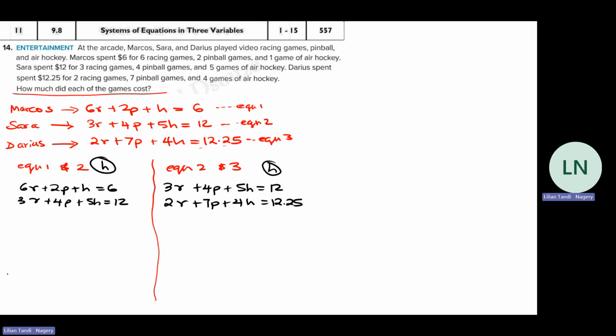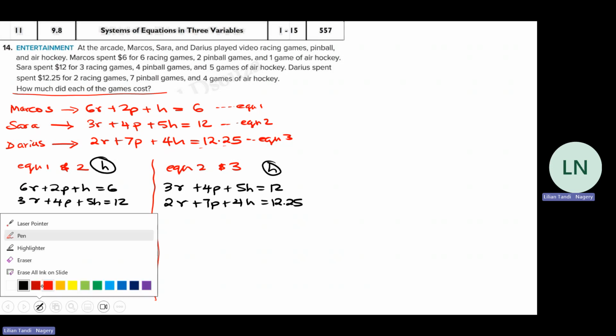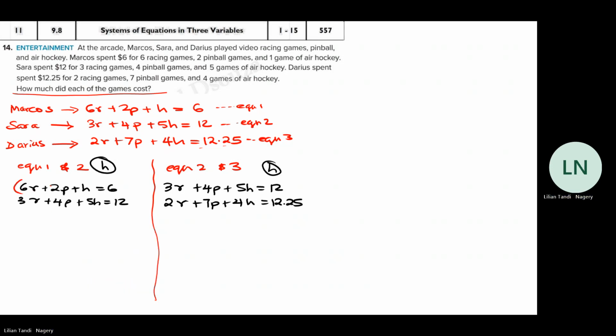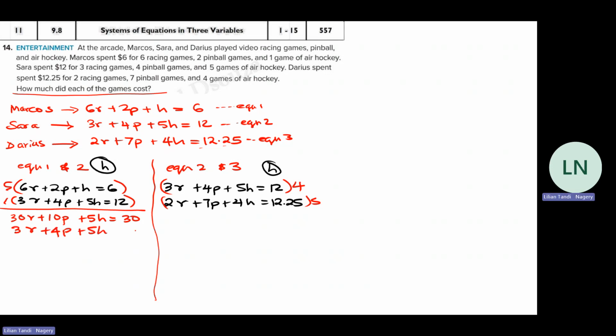I will eliminate H. Remember, it's the same variable you need to eliminate. So this will be 5, this will be 1. This will be 4, and this will be 5. Okay, so you have 30R, 10P, 5H, 30, 3R, 4P, 5H, 12. You're doing distributive property for all your terms.